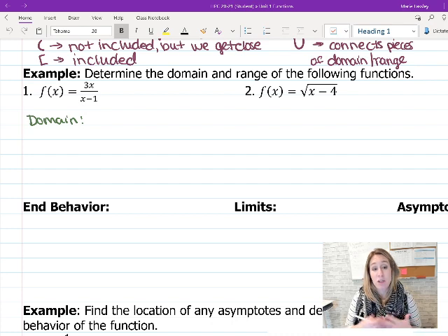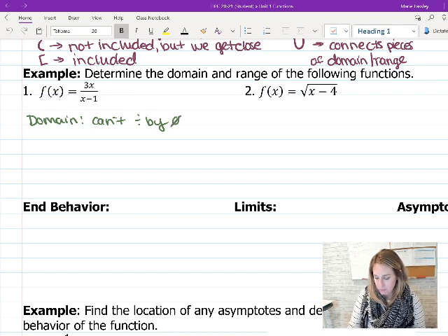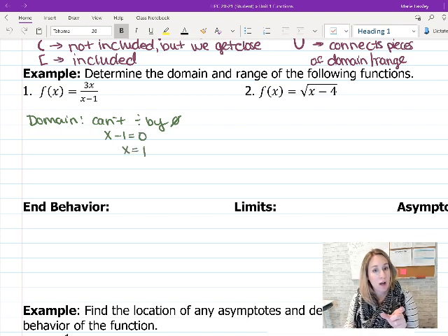So we have to exclude any x value that would give us a 0 in our denominator. So can't divide by 0. We're going to figure out when x minus 1 is equal to 0. Well, that's when x equals 1. Now this is actually one of those special cases where we have something called an asymptote.